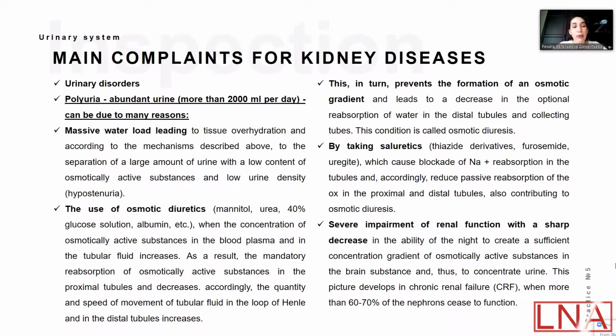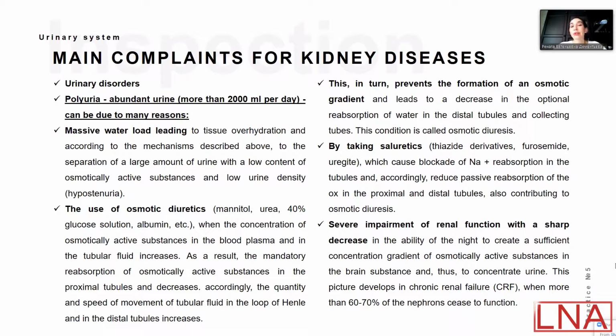Accordingly, the quantity and speed of the movement of tubular fluid in the loop of Henle and the distal tubules increases. This in turn prevents the formation of an osmotic gradient and leads to a decrease in the optional reabsorption of water in the distal tubules and collecting tubes. This condition is called osmotic diuresis.